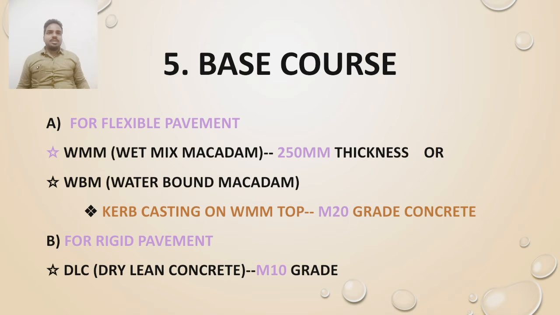Curb is the barrier or boundary between the pavements, generally constructed of cut stone or cement concrete slab. We generally use M20 grade of concrete for curb casting.